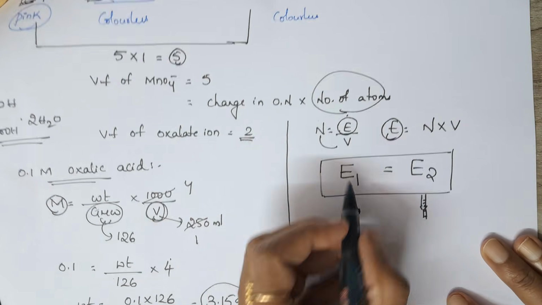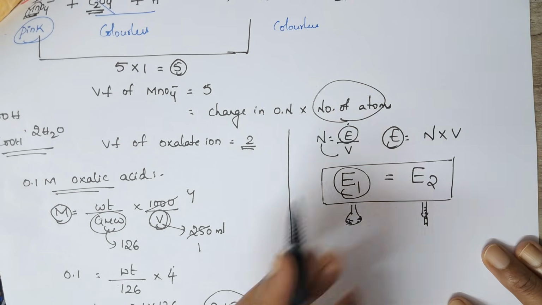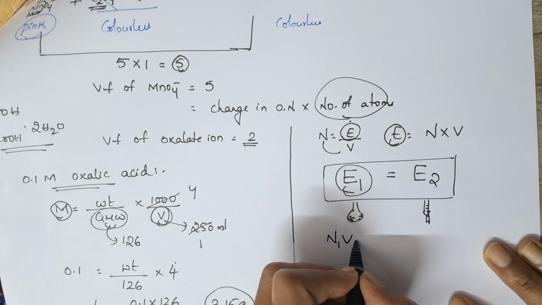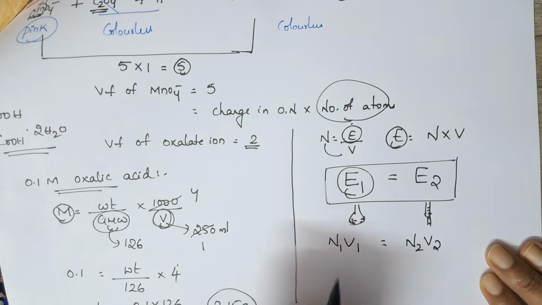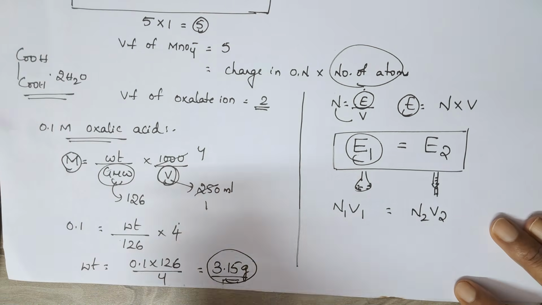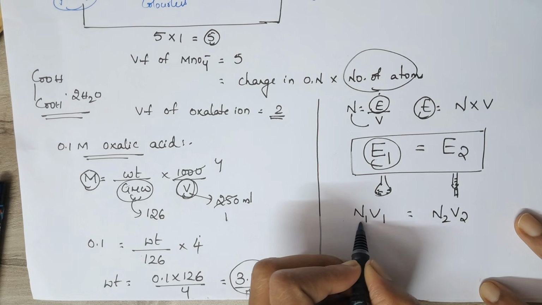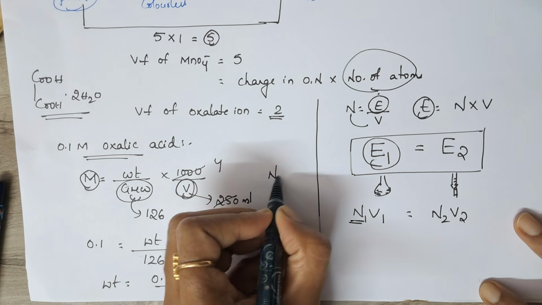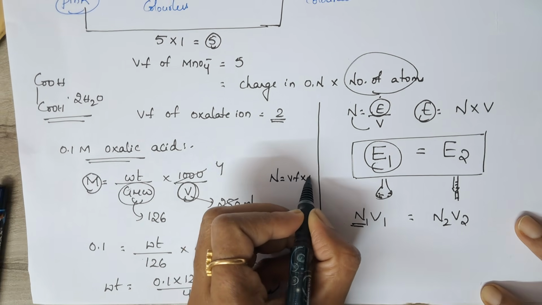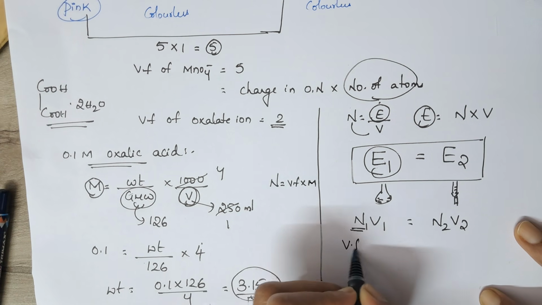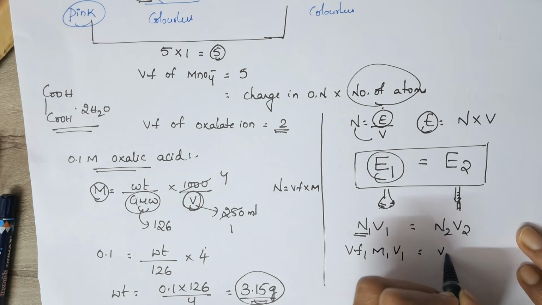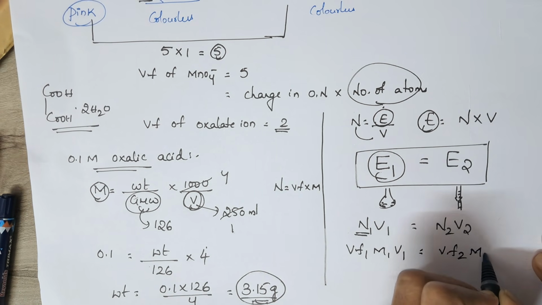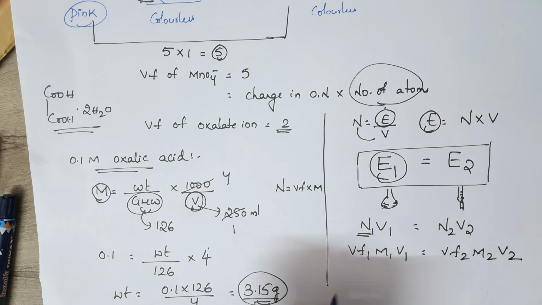Now E1 means N1V1, which is equal to E2 means N2V2. The relation between normality and molarity is normality equals valency factor into molarity. So VF1 M1 V1 equals VF2 M2 V2; substitute as it is.